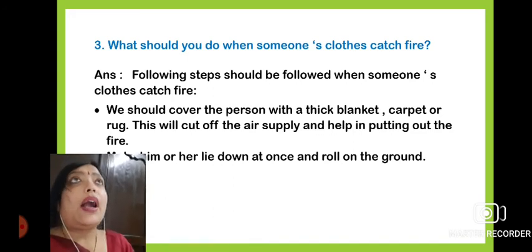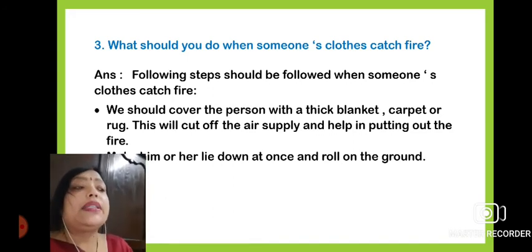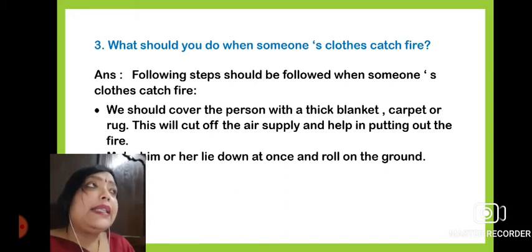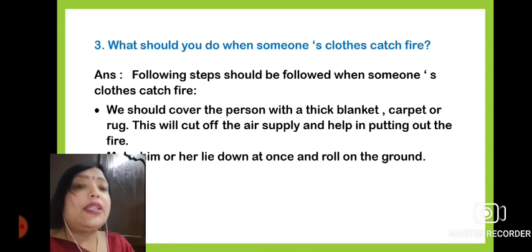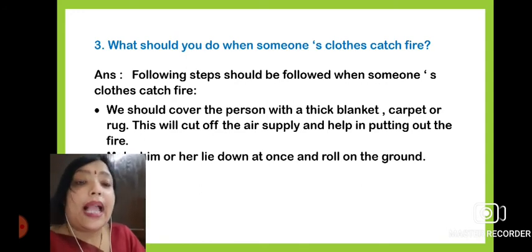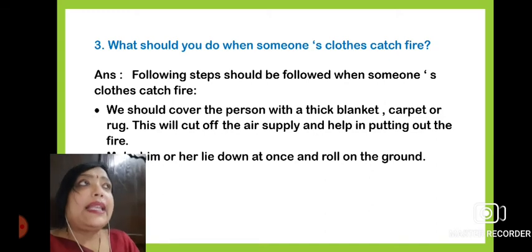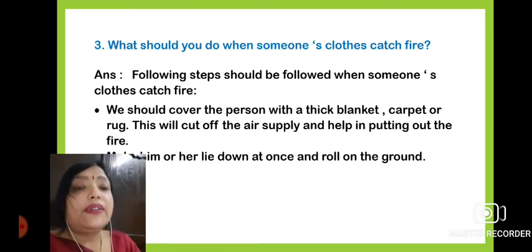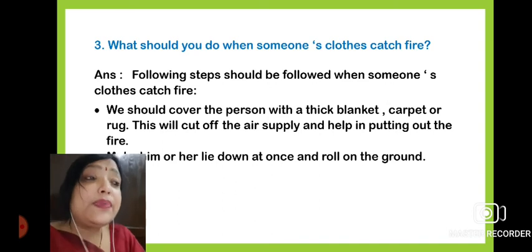Okay, so we are covering the person with the blanket so that the oxygen is not coming in, the supply of oxygen is reducing, and gradually the fire is diminishing.